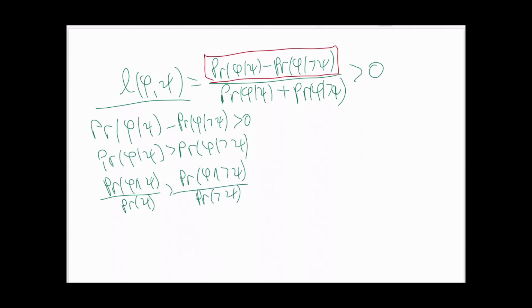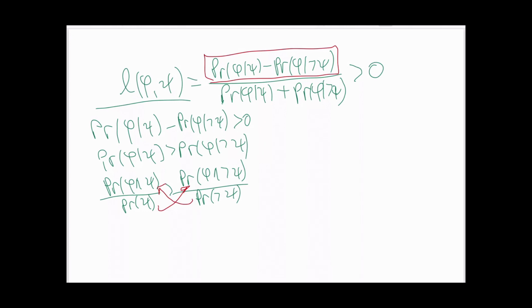Now, we're going to cross multiply, or we're going to take what's in the denominator on the right-hand side and multiply it by both sides, and what's in the denominator on the left-hand side and multiply it by both sides.